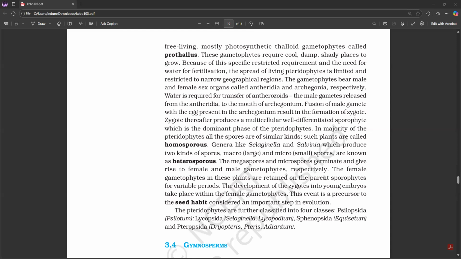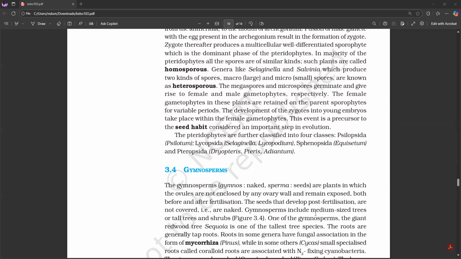The female gametophytes in these plants are retained on the parent sporophytes for variable periods. The development of the zygotes into young embryos takes place within the female gametophytes. This event is a precursor to the seed habit, considered an important step in evolution. The pteridophytes are further classified into four classes: Psilopsida, Lycopsida, Sphenopsida, and Pteropsida.